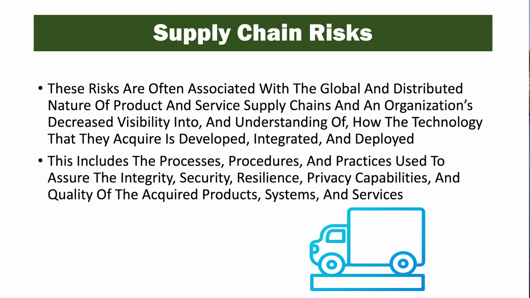This includes the processes, procedures, and practices used to ensure the integrity, security, resilience, privacy capabilities, and quality of the acquired products, systems, and services. We have less visibility into a product that's being developed by a third-party outsourced supplier than we do within our own system, within our own environment, within our own organization.